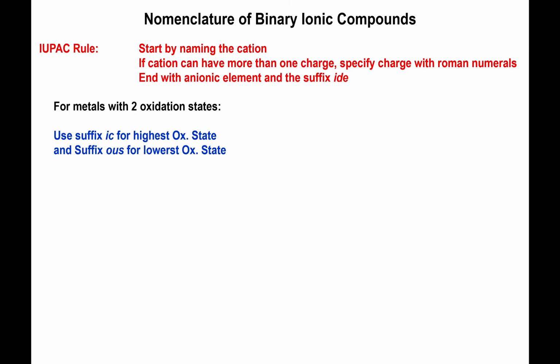If you use a suffix other than -ide, then you're telling me that the compound is not binary. The only exception is the binary acids that use the prefix hydro- to tell the reader that the compound is binary. But alright, so we're going to first name the cation, which is usually going to be a metal.